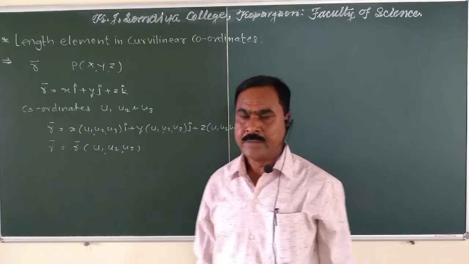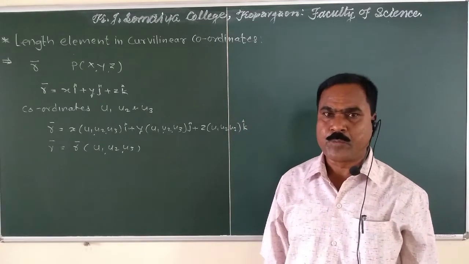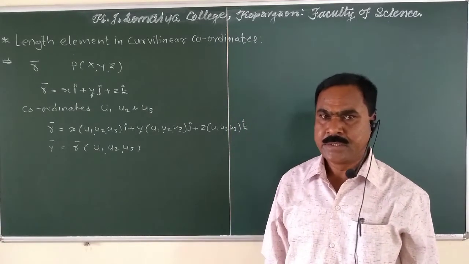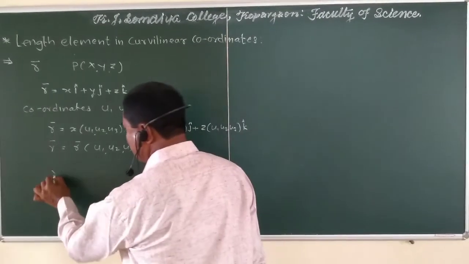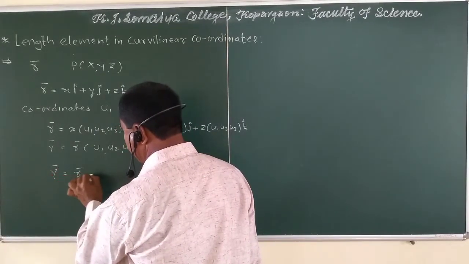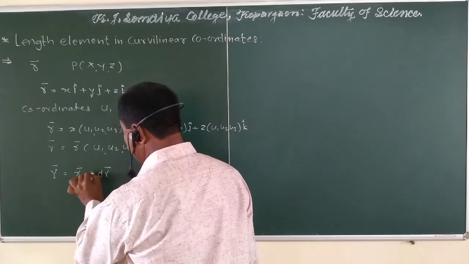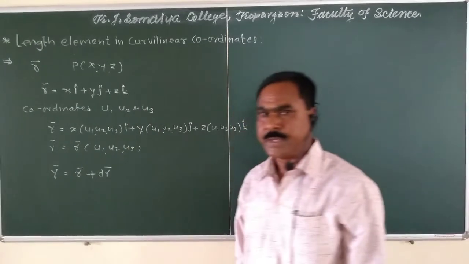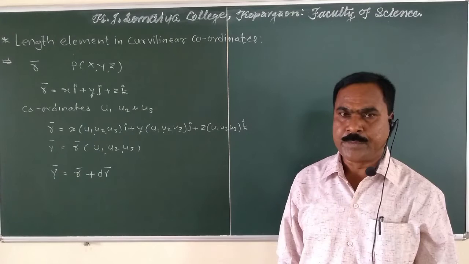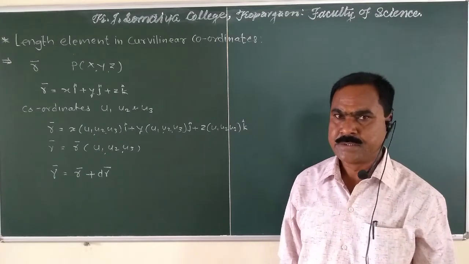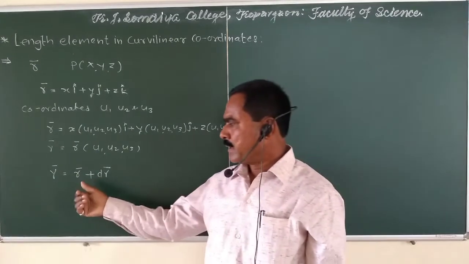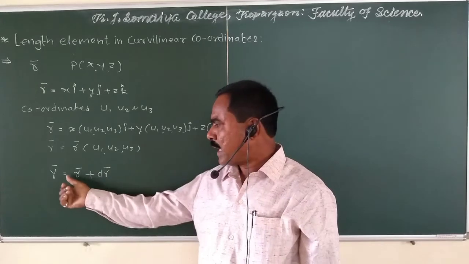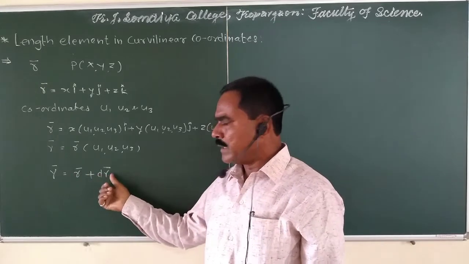Then the displacement of point P to P dash can be written as r bar plus d r bar.